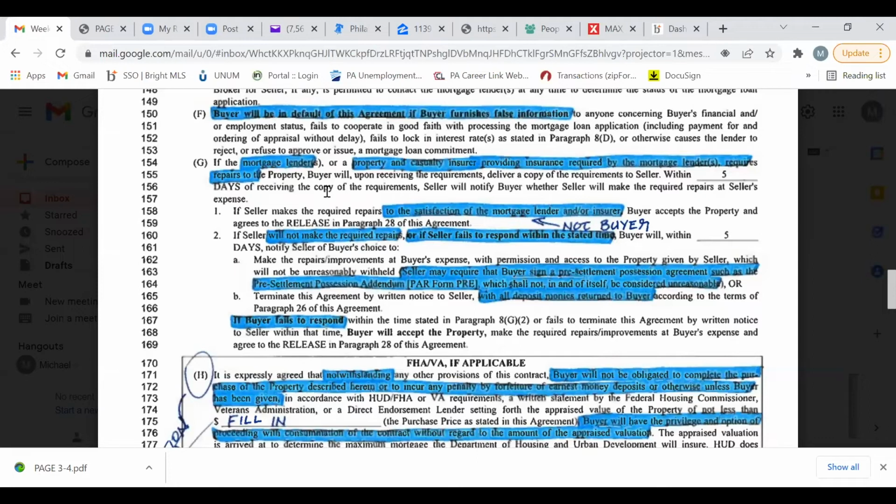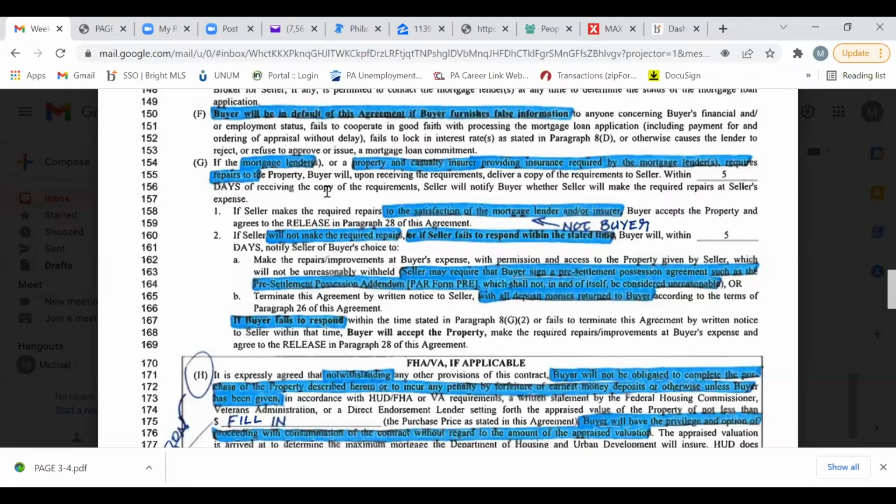So the buyer then, if the seller says, I'm not making that repair, or they just won't respond, the buyer then has to, A, make the repair at their expense, as long as they have permission to access the property, which will not be unreasonably withheld.